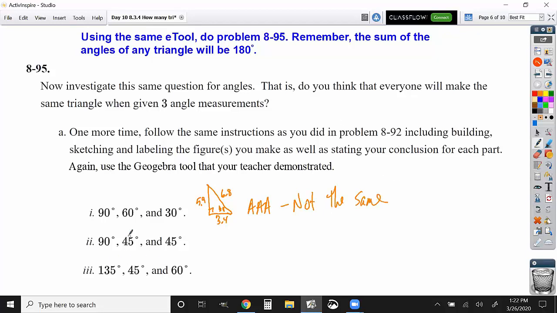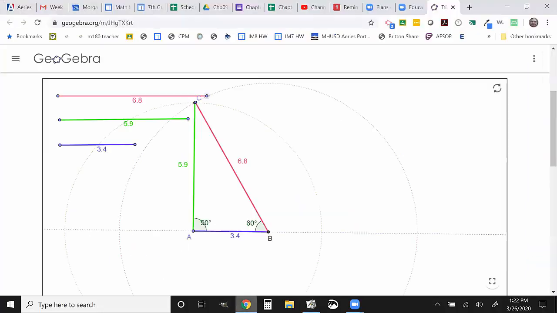Now we're going to do a 90, 45, 45. Test it again. So I'm going to keep that 90, but I'm going to change this angle here to 45, roughly. Oh, it's so close.